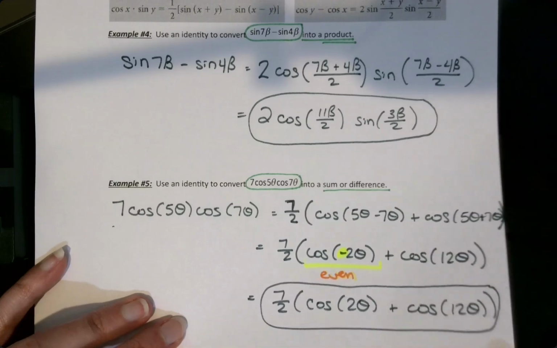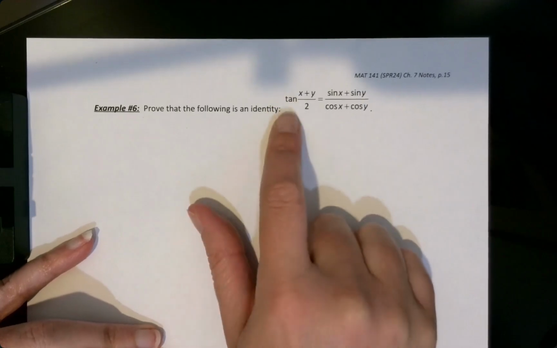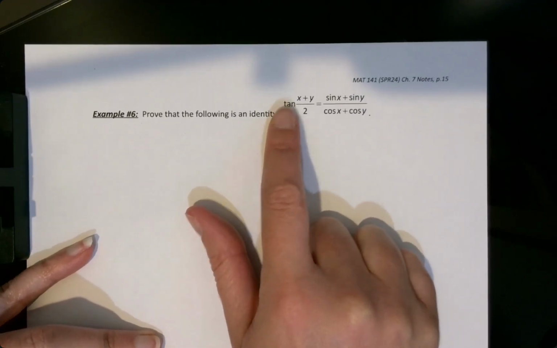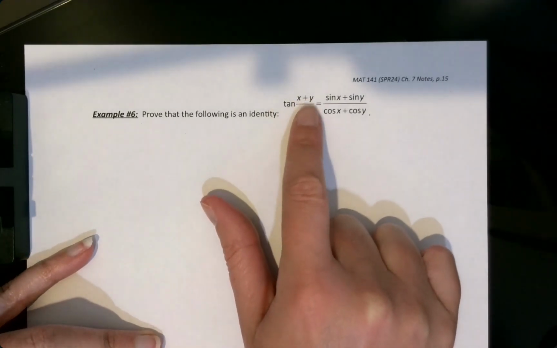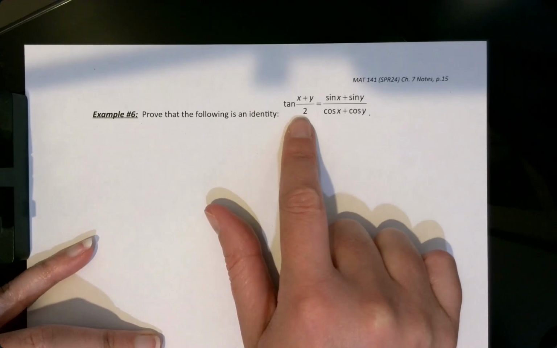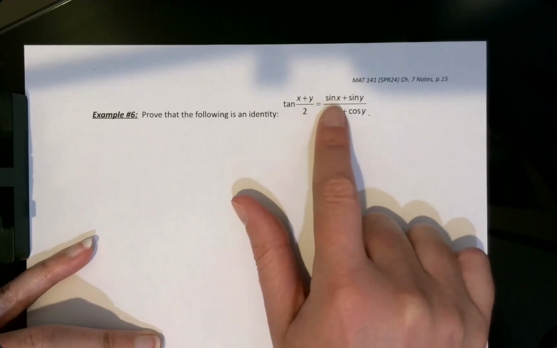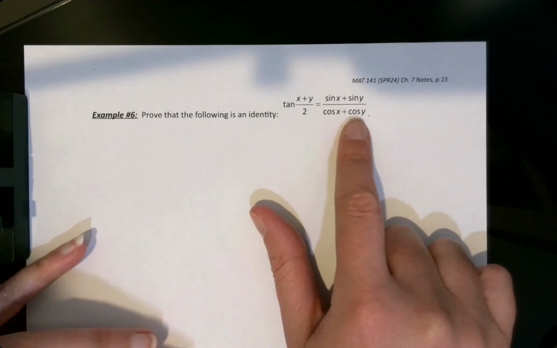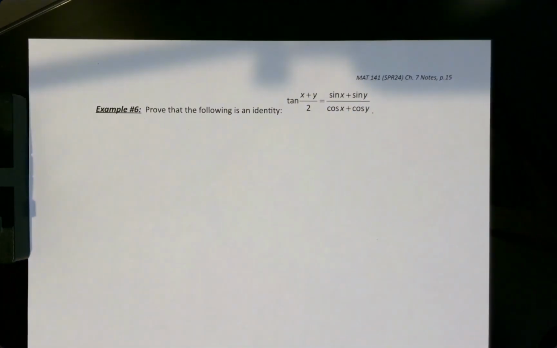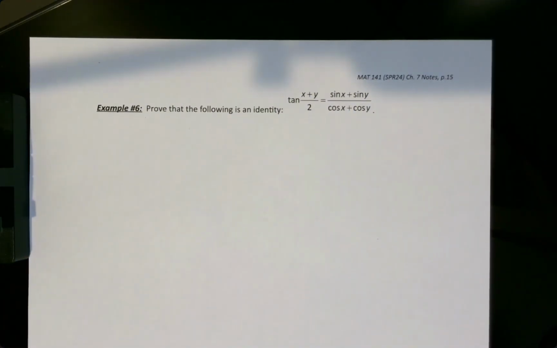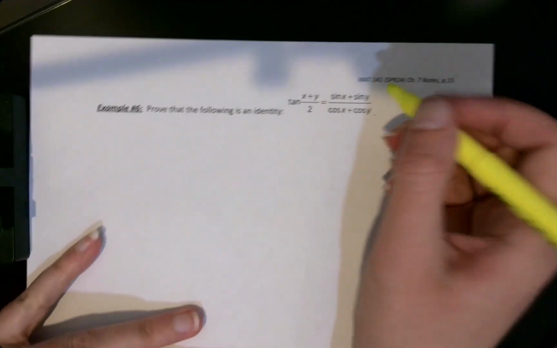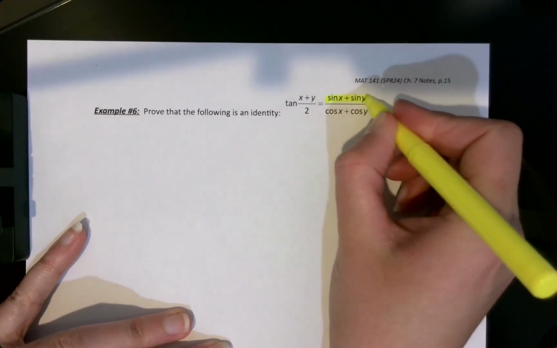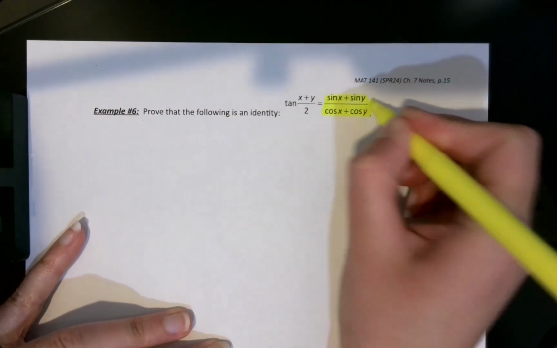Okay. Let's look at our last page here. We've got one more identity to prove. And this one, we've got the tangent of x plus y over 2, and we want to show that this is equal to the sine of x plus the sine of y over the cosine of x plus the cosine of y. In this example, I would say that the right-hand side has a little more going on than the left-hand side.